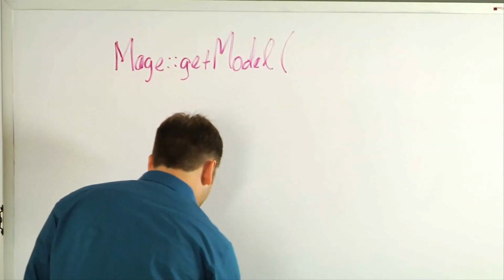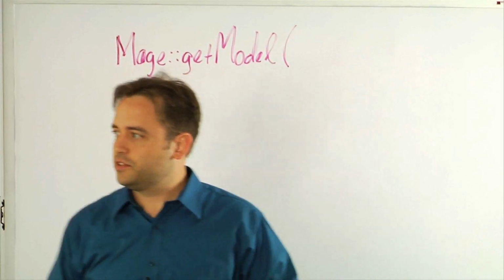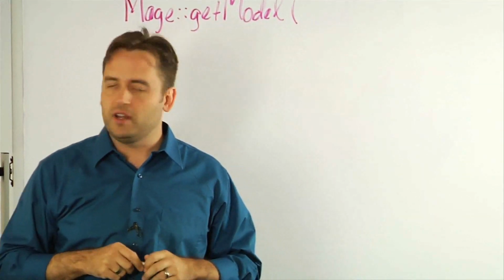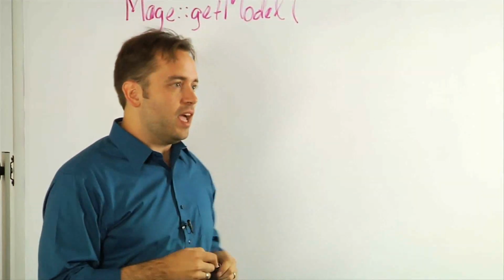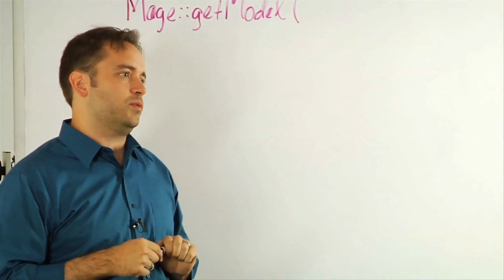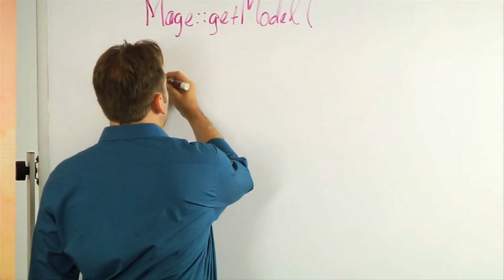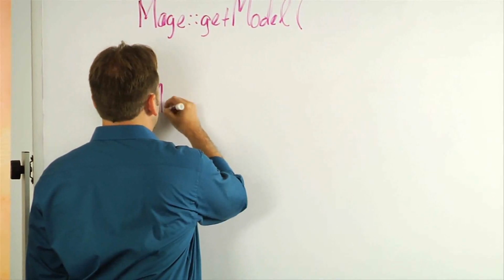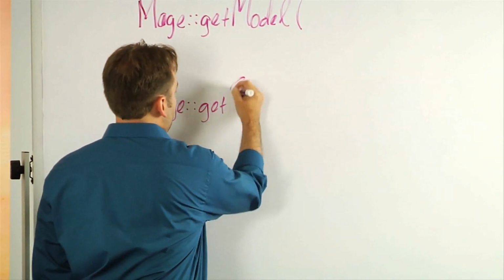You can also specify object, but don't. I don't know why that's in there, and I'm sure it's deprecated. If not explicitly, it's just never used. So you have model, and then you also have singleton. Okay? So singleton is an option. So Mage get model, Mage get singleton.